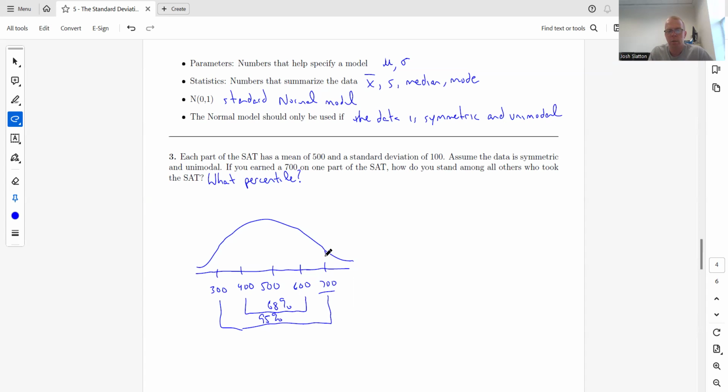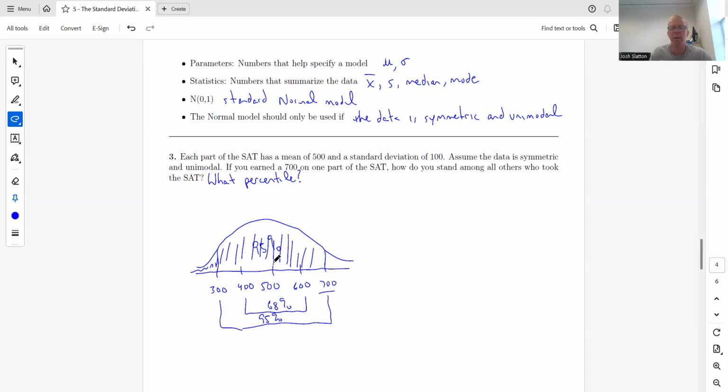But we want to know what percent is below 700. And that would tell us the percentile. So we know that 95% will be between 300 and 700. Now, what percent would be less than 300? Because we need to consider all of this all the way down, even that part. So 95% is between 300 and 700. What would be left? We have 5% left over in the tails.